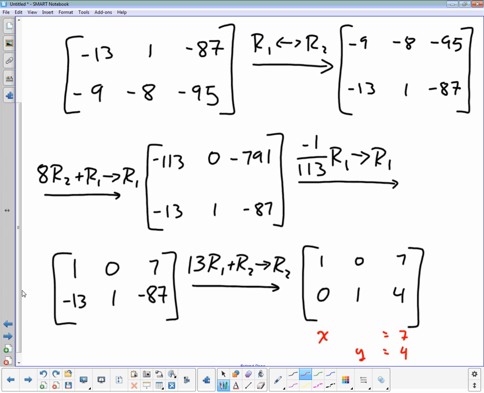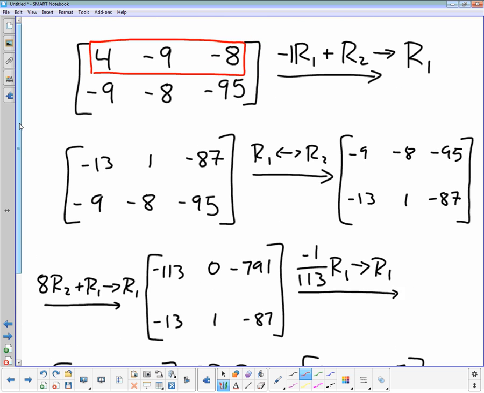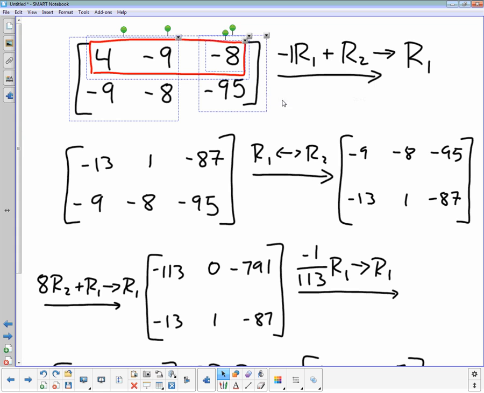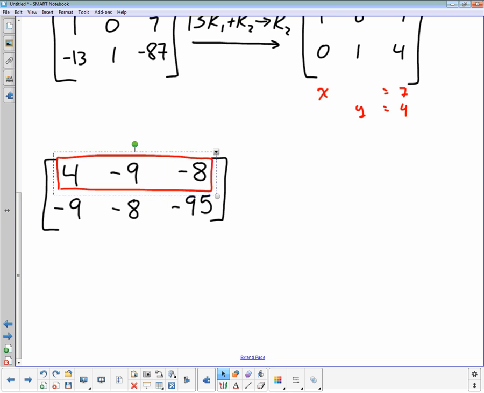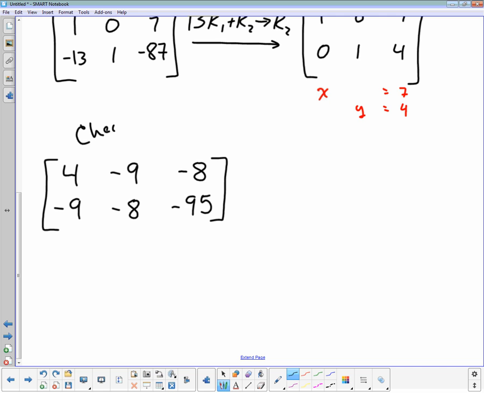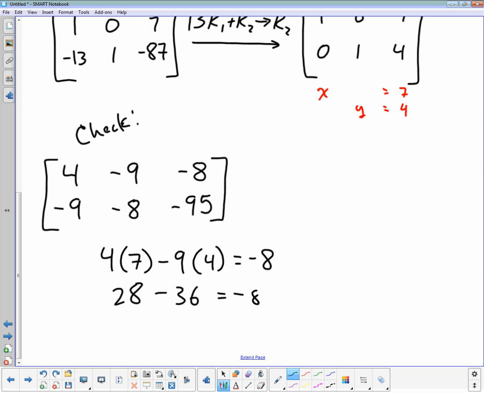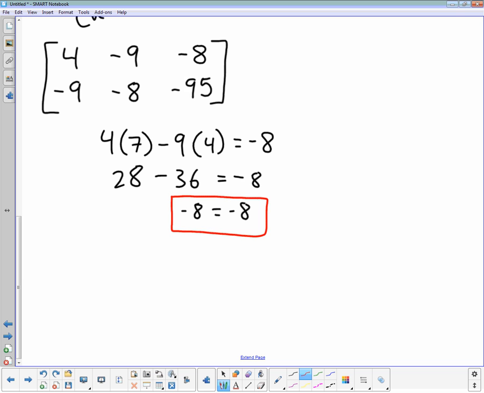So let's plug it back into the original equation and see if it holds. So it's right.